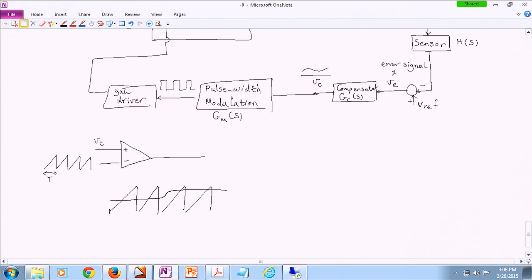Like for instance here to here. Then when they cross each other, the negative input is getting larger than the positive input. So the output of the comparator jumps to 0. Something similar here.